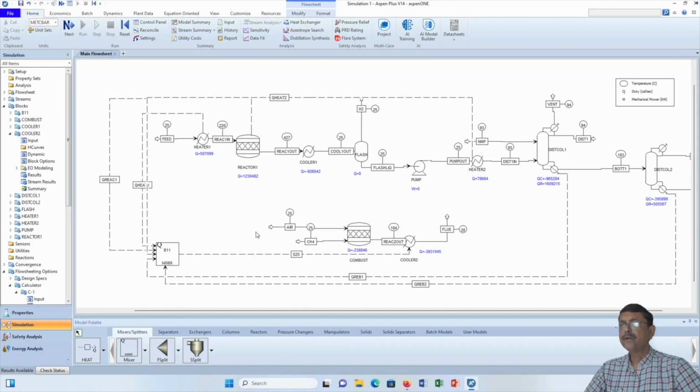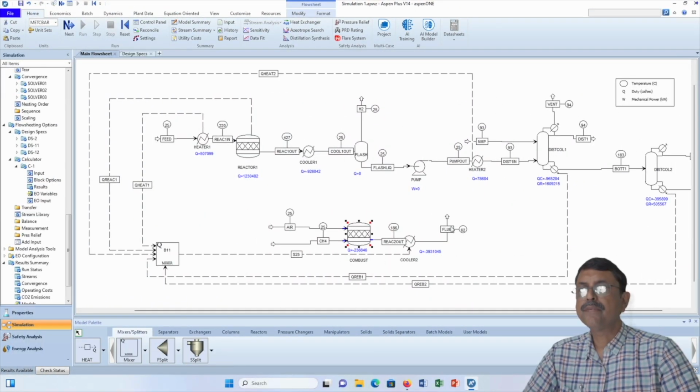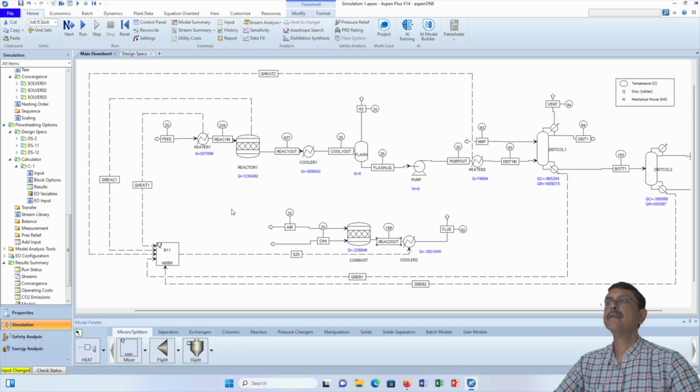For that matter, here also you can perform the retuning of the methane flow rate in order to fix the temperature of flue gas by using another design spec. I leave it up to you as a practice problem.